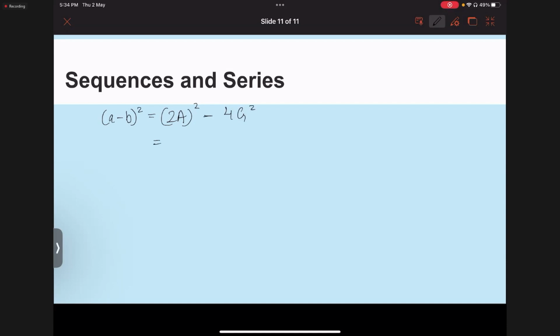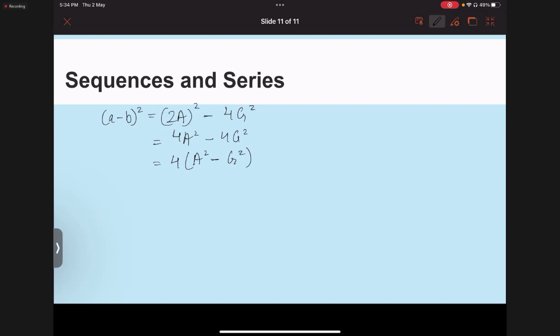So now if you expand this, what you get is 4a squared minus 4g squared, taking 4 outside. What we are left with is a squared minus g squared.